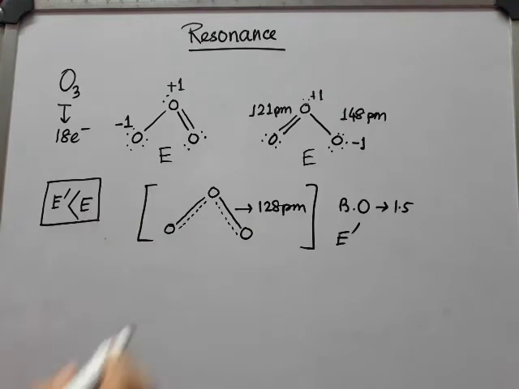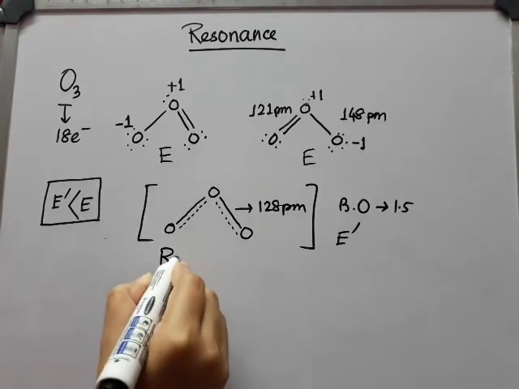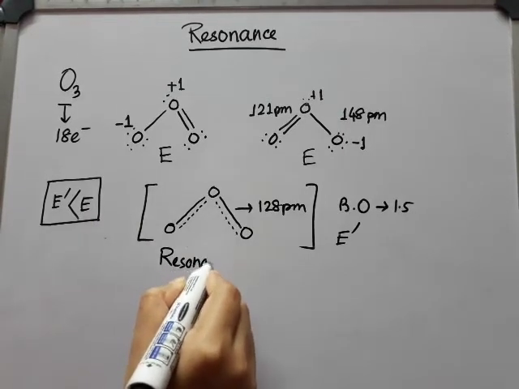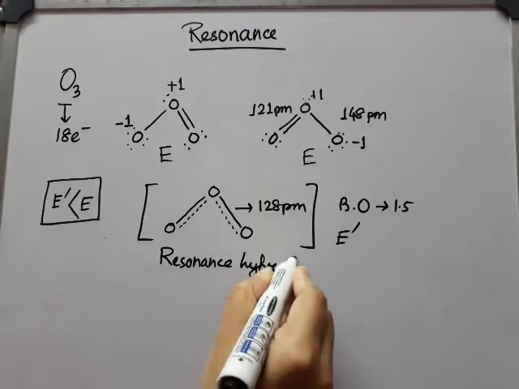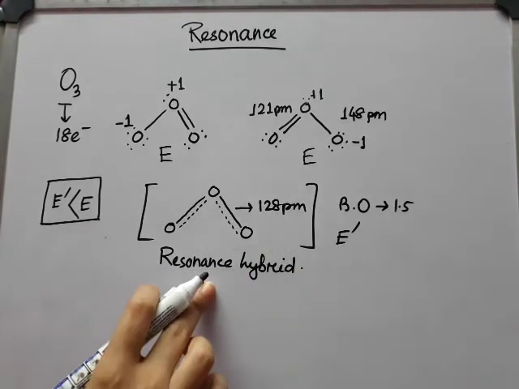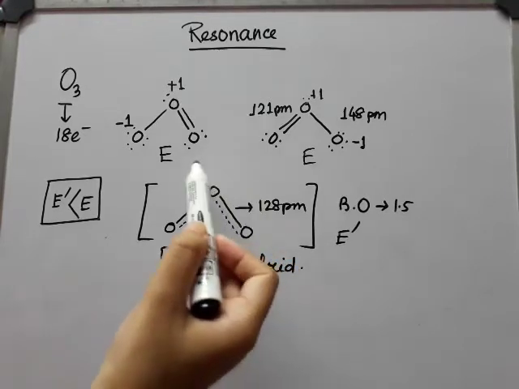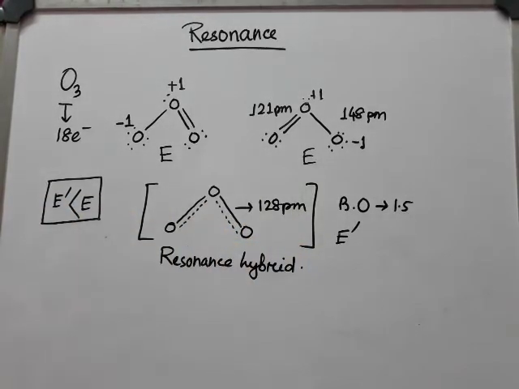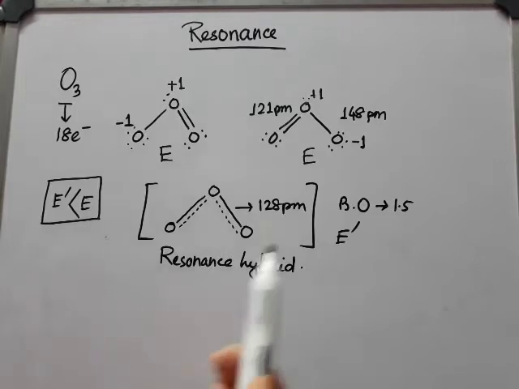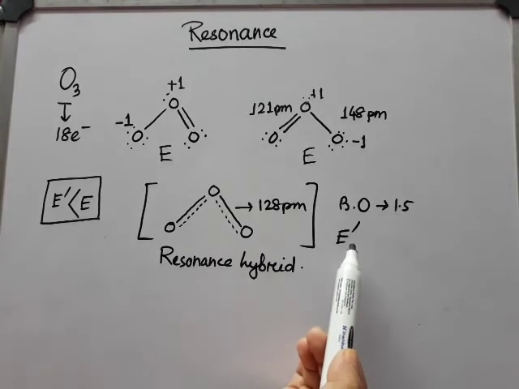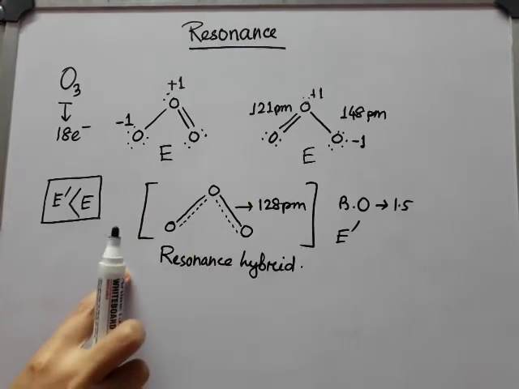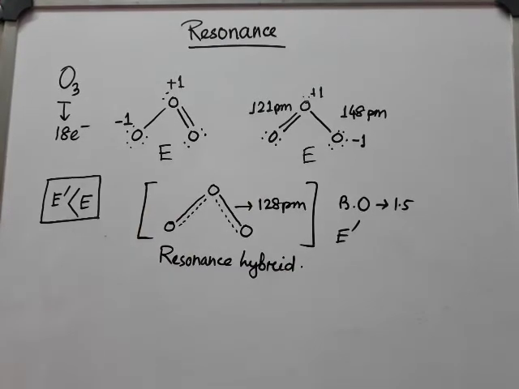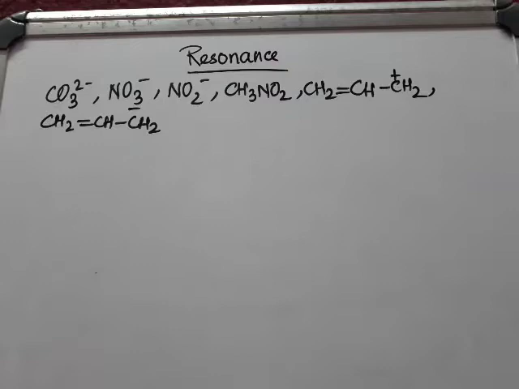Okay, and this structure is known as the resonance hybrid. Clear? So the resonance hybrid has lesser energy than these hypothetical structures. That means it is more stable than these ones. That's why this is the original, or actual, structure of the ozone molecule.